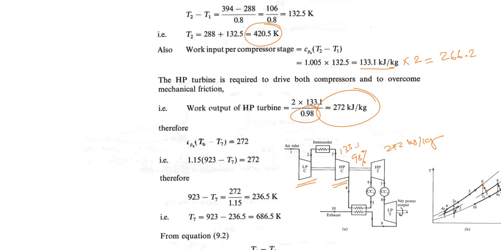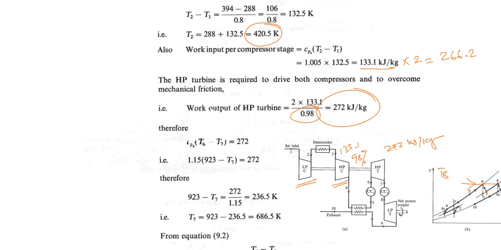Now, if I'm looking at the second stage of the turbine, I do not have any other value, just the temperature at T8, which is the same as the temperature at T6. But again, I need to have a compression ratio or the pressure ratio, which is the expansion ratio as well.